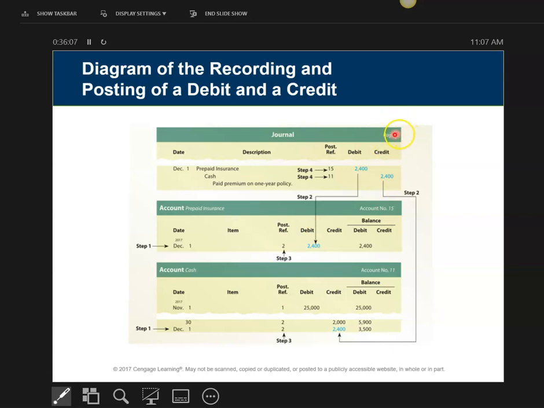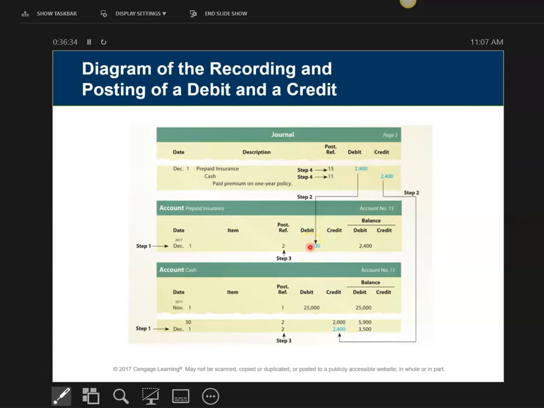I forgot to mention that your general journals are numbered by pages right here. So this is page 2. You can put P2 or J2, whatever you want, or just the number 2. If anybody wanted to look at this transaction, they would know that it was on page 2 of the general journal. So just copy the $2,400 from here to the debit here.